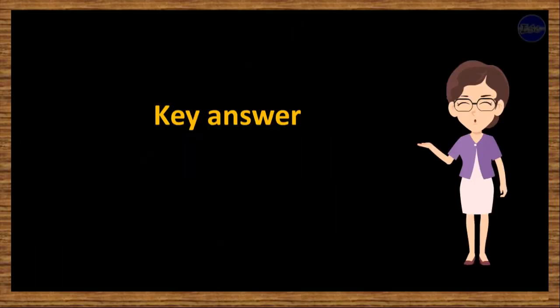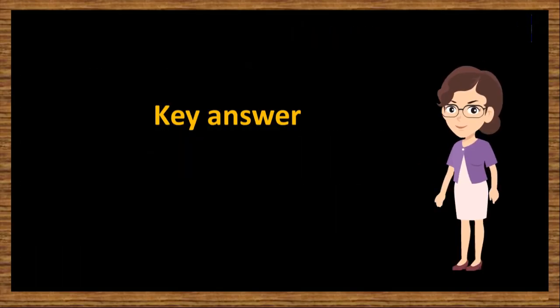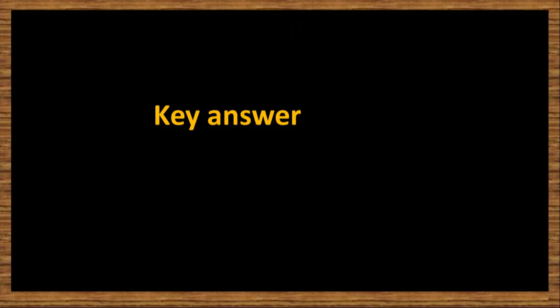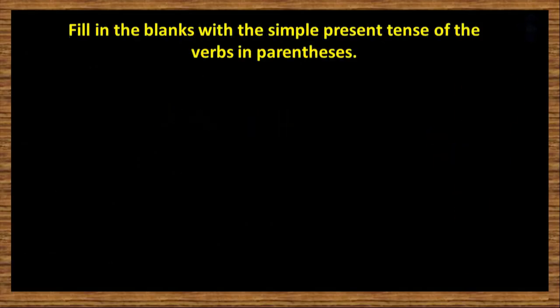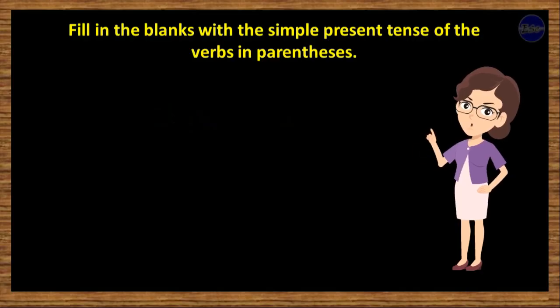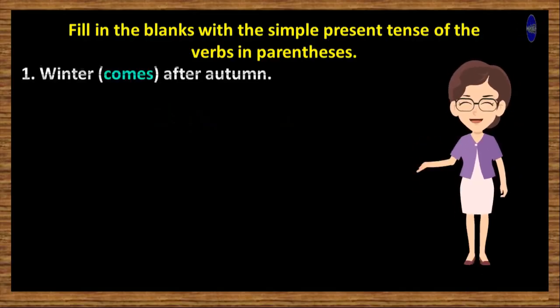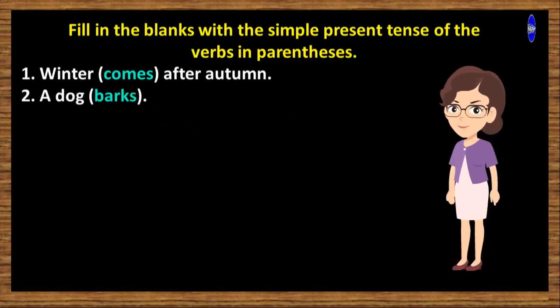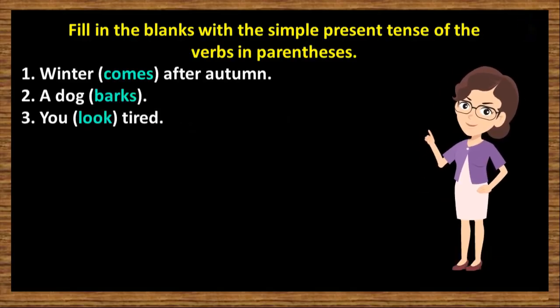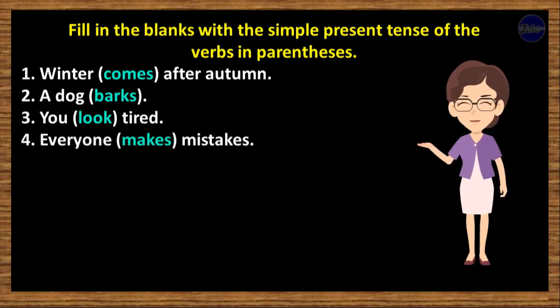Key answer. Now you may check and compare your answers. Fill in the blanks with the simple present tense of the verbs in parentheses. 1. Winter comes after autumn. 2. A dog barks. 3. You look tired. 4.